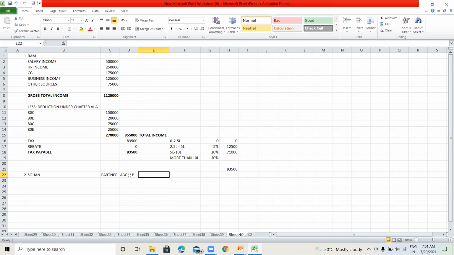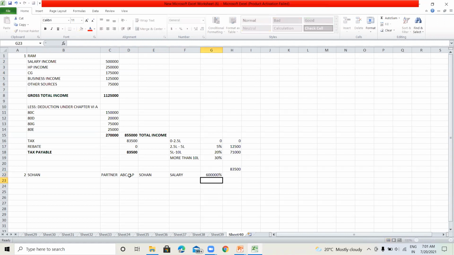In such a partnership firm, Mr. Sohan has received a salary of rupees 6 lakhs and a bonus of, for example, 1,50,000. So the total amount will be 7,50,000, which will be considered as business income.